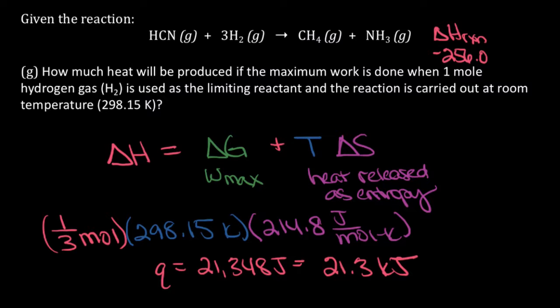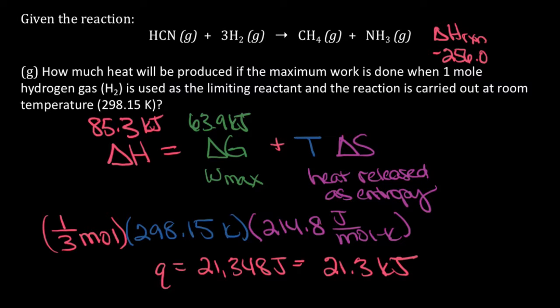So if we divide 256.0, we find that 85.3 kilojoules would be the enthalpy change for the reaction. And we calculated in this step before that the maximum work that could be done, the delta G, was 63.9 kilojoules.